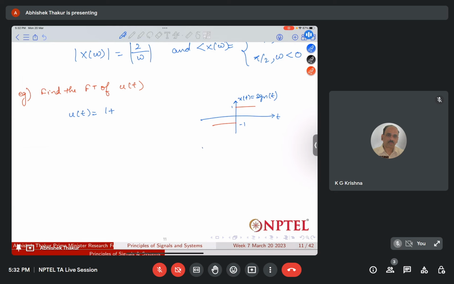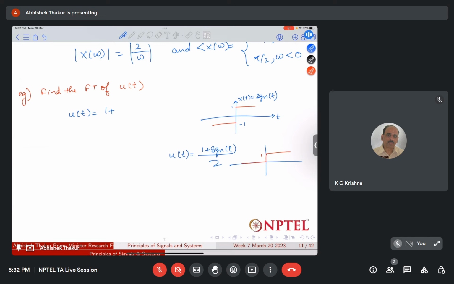So when you do 1 plus signum of t, that will become 0 for negative t, and this will become 2. Now we will divide it by 2. After dividing it by 2, this will become again 1, and 0 by 2 is 0 itself. So (1 plus signum t) by 2 is equal to the unit step function. So this is our u(t).